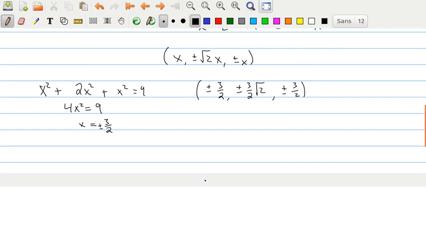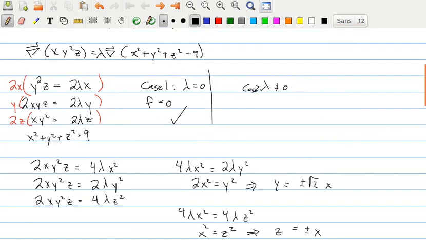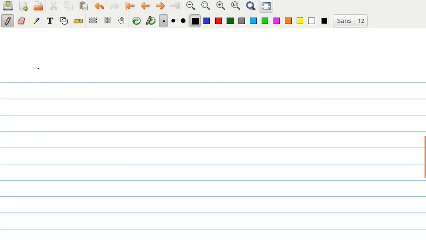So what we'll do is plug each of those into our original function, and let me just copy down the original. The original was x y squared z. So f of x, y, z was x y squared z. So let's plug each of these points into the function and see which one's the biggest. So we've got 3 over 2, 3 over 2 radical 2, and 3 over 2.